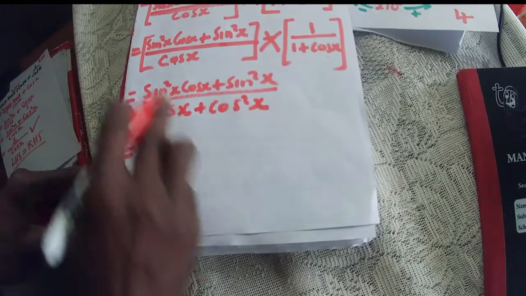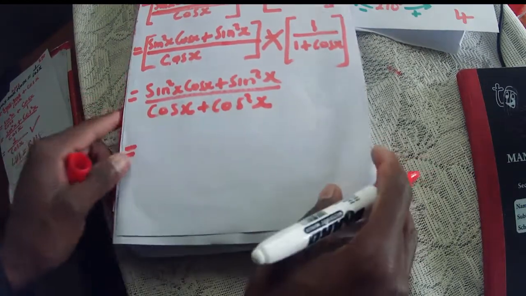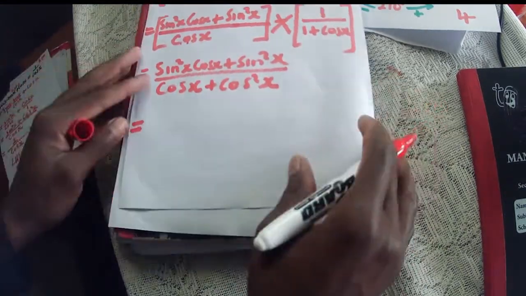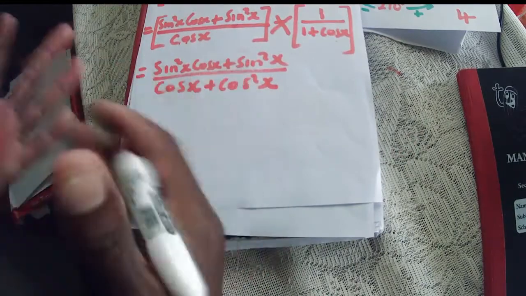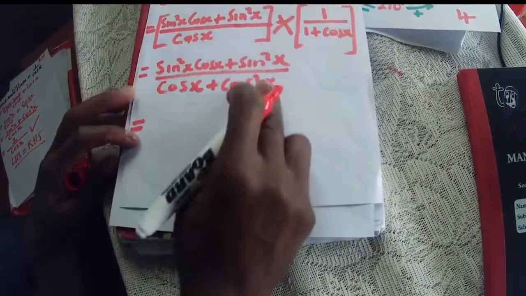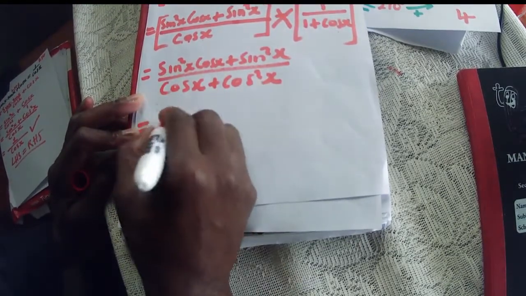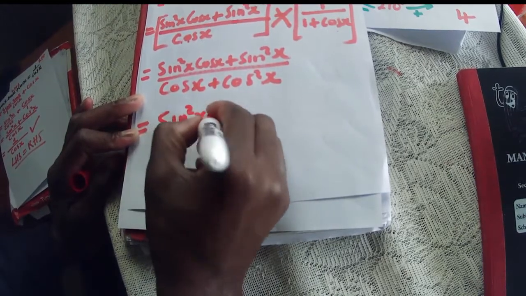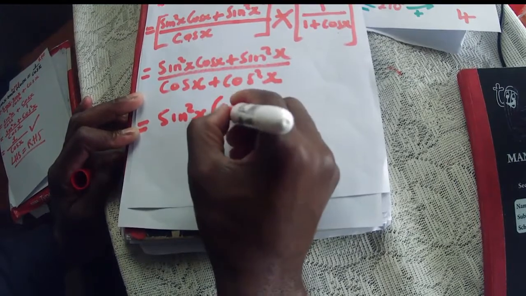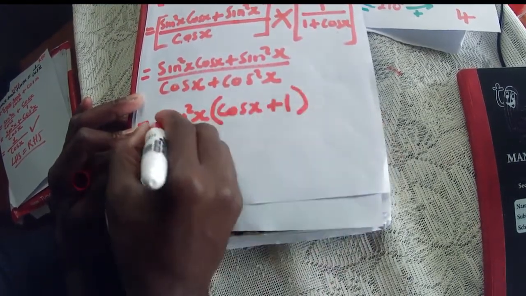From here we can see that the best thing to do right here is to factorize, so that we can divide certain trig ratios. So we're trying to simplify this by factorization. What is common here? It's sine squared. I'm going to take sine squared outside the parenthesis. Then I'm going to remain with cos x plus 1.